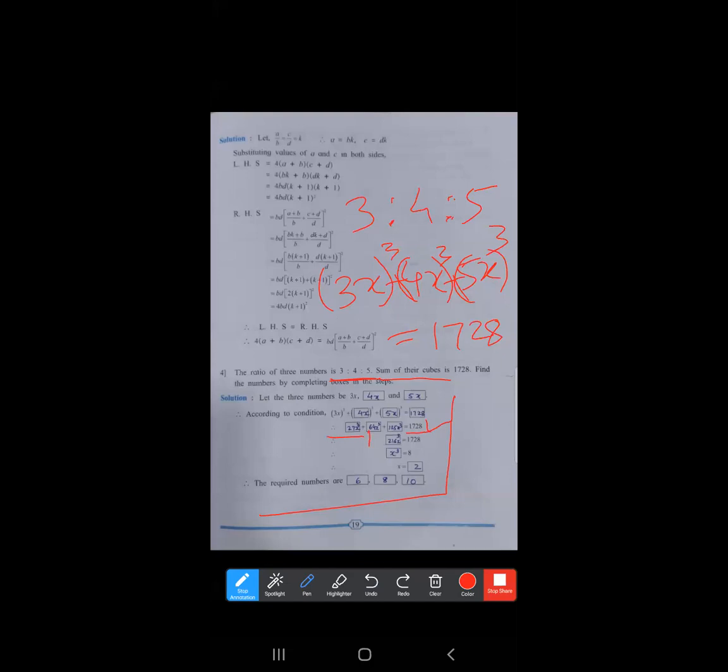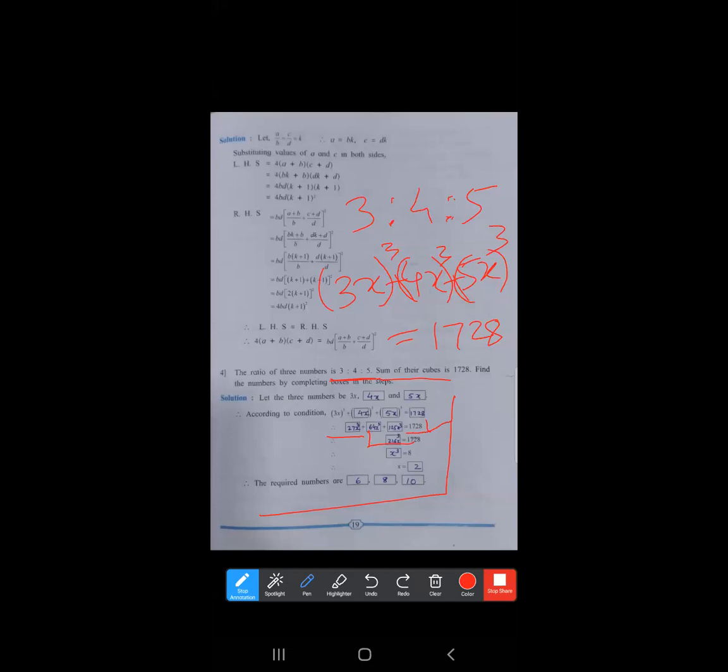Now here, since the variable and the degree are the same, you can add. So 27 plus 64 plus 125 gives 216x cube equals 1728.